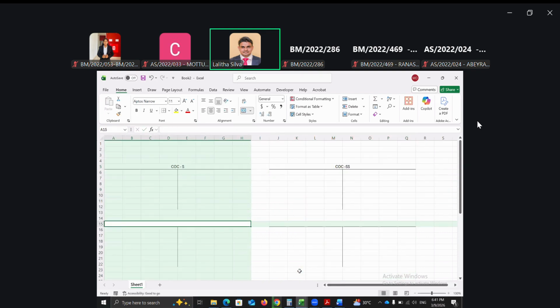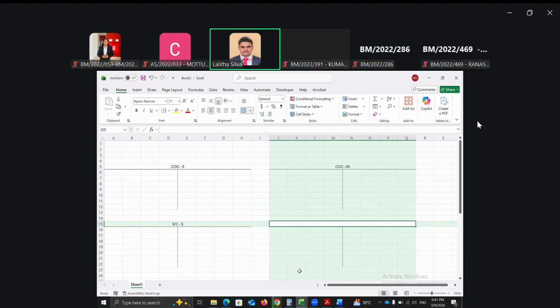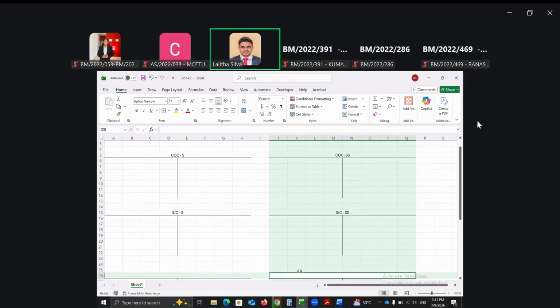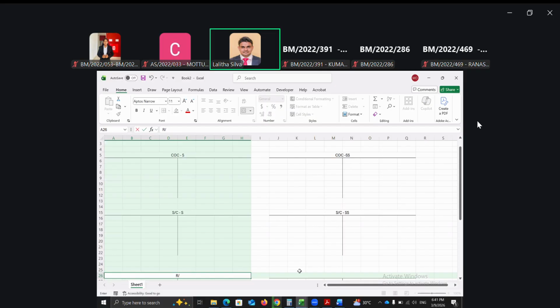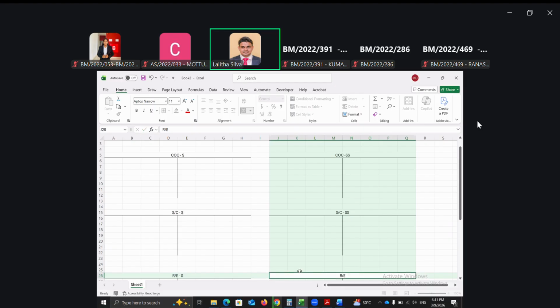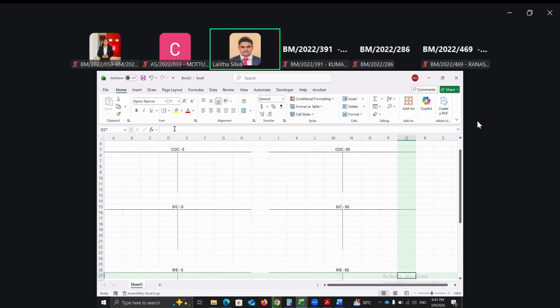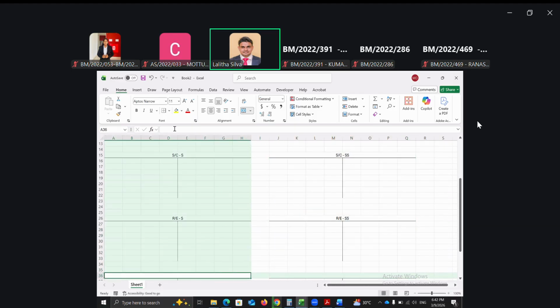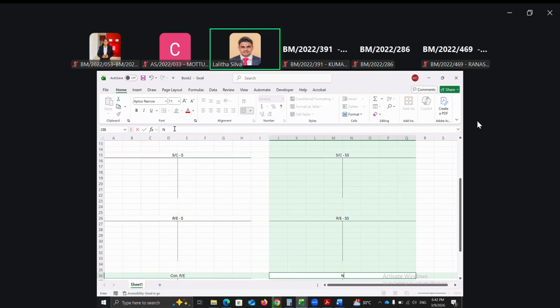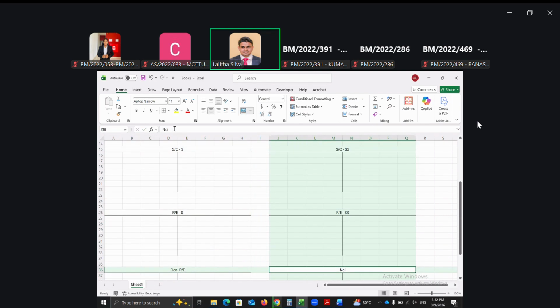Then we need to prepare the stated capital of S company, then the stated capital of SS. Then we are going to consider the retained earnings of S and the retained earnings of SS. Then we need the consolidated retained earnings account and the NCI account. These are the basic accounts that we need to provide.